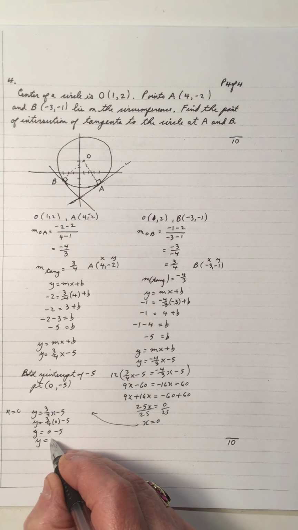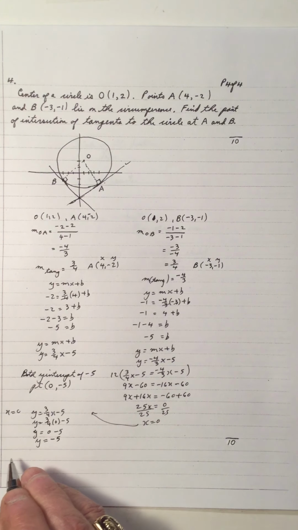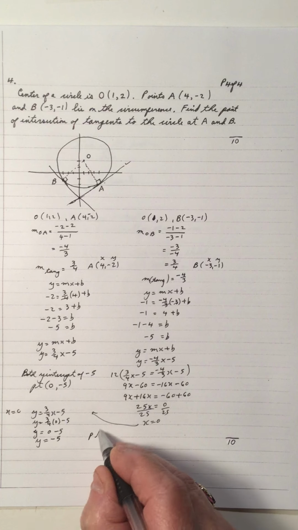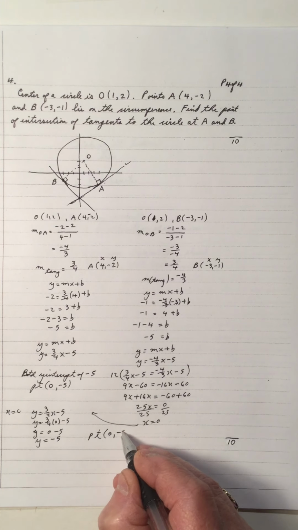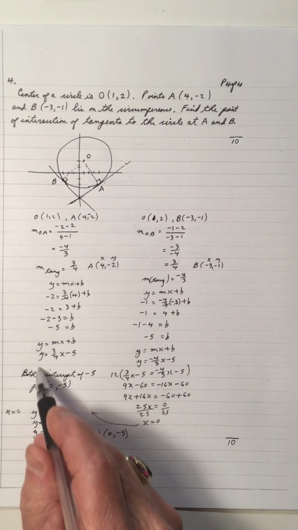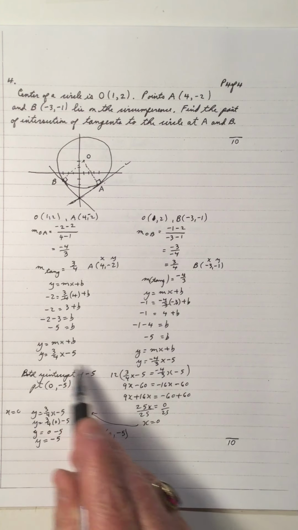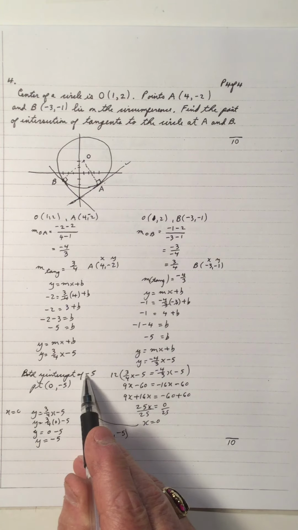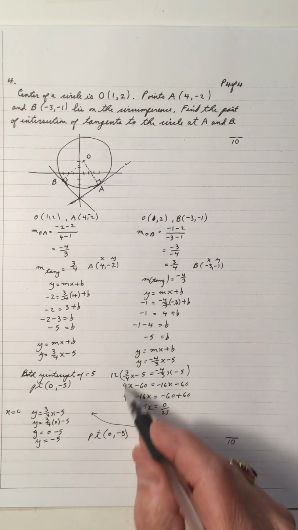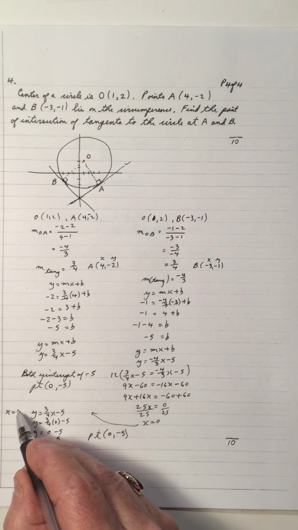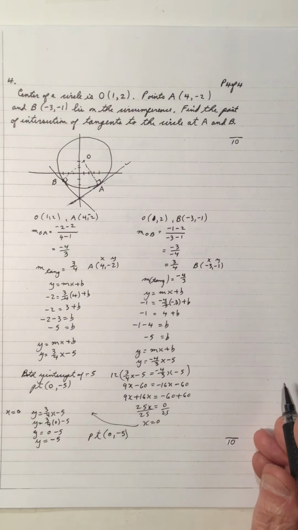So y equals negative 5, x is 0. So again, if you solved it, you would have x is 0, y is negative 5. But if you notice that both got the y-intercept at negative 5, and you say, well, the point is (0, -5), you got full marks. If you solved it, you still get the same, but you just did more work.